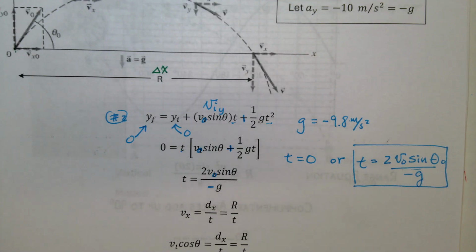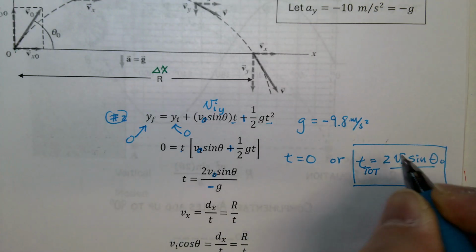So now if I substitute that time, this is t total, by the way, right? This is t total.